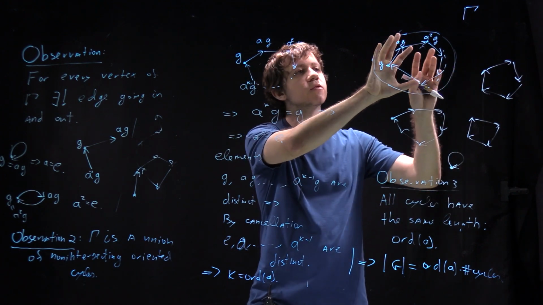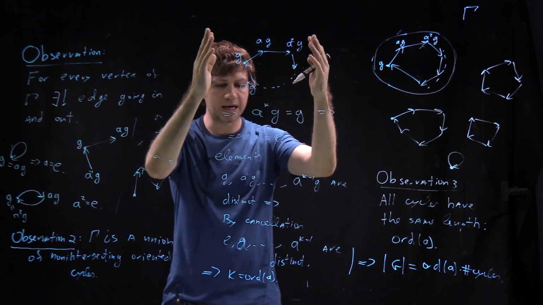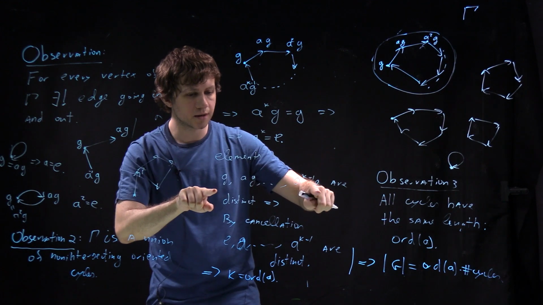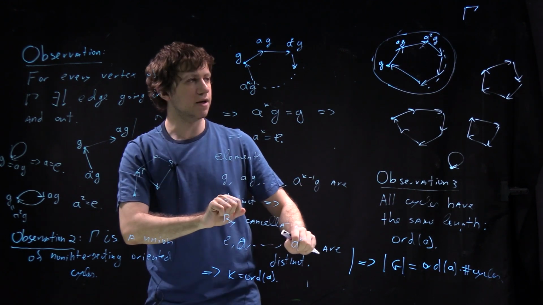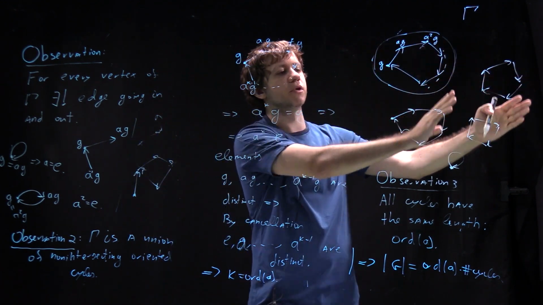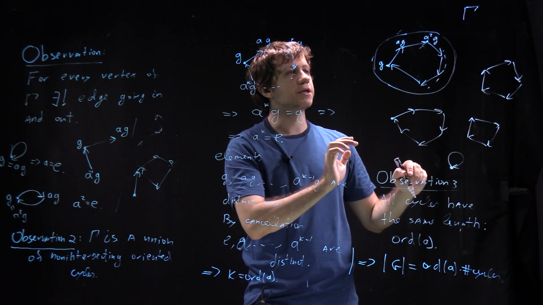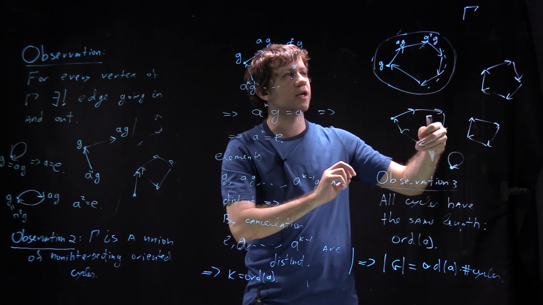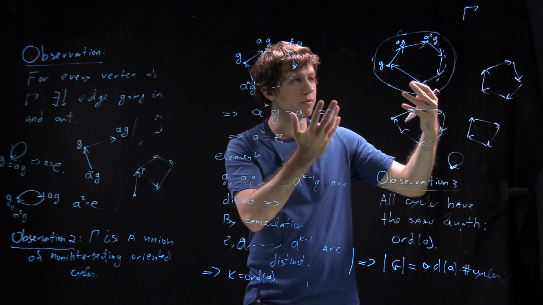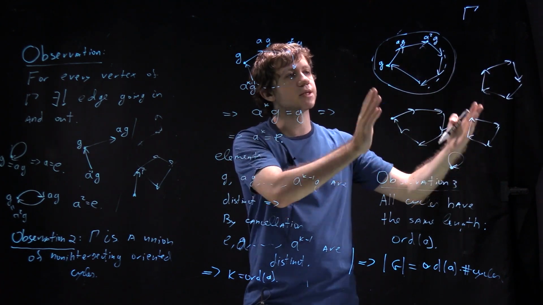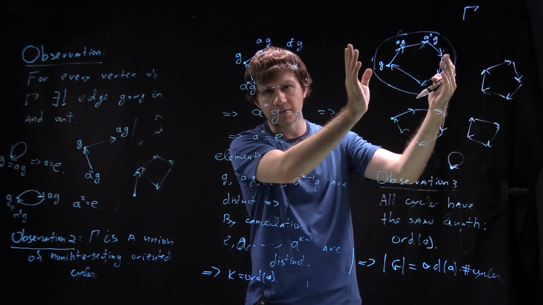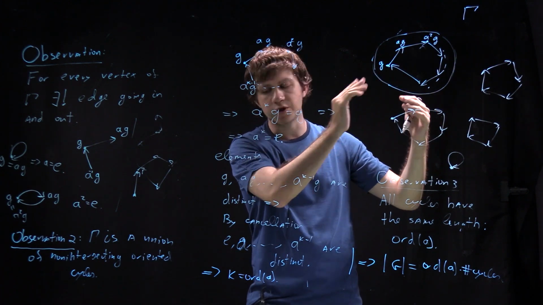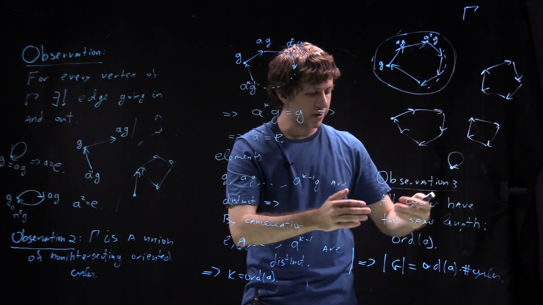Then we looked at each of them, and each of them has the same length, being the order of A. So all of them look absolutely the same. And then the number of vertices of gamma is the number of cycles times the length, the number of vertices in a cycle, which is the order of A, from where the theorem follows.